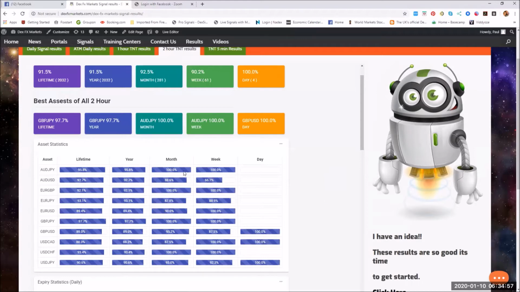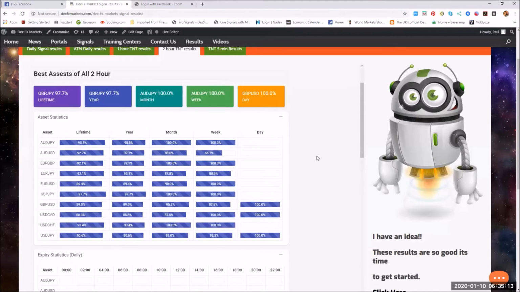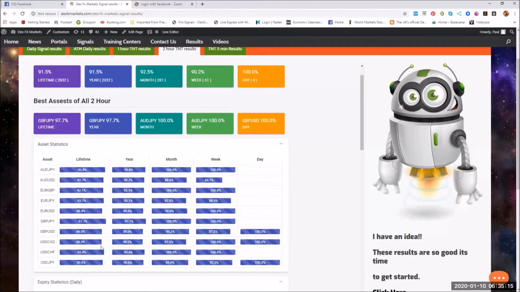Looking here, AUD/JPY 100%, 100%. Right, it's all looking good. It's all looking good. And again, the USD/CHF, which didn't do too badly anyway on the 2 hour TNT.